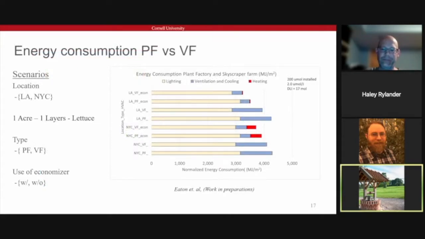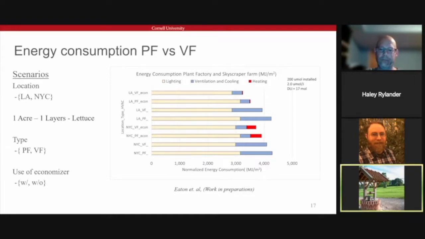So I looked at a plant factory and a vertical farm in LA and New York, each with a 1 acre footprint, growing 1 layer of lettuce with and without the use of an air side economizer. From what we see, the plant factory in both locations, LA and New York, uses the most energy because they're providing 100% of the lighting for the crop growth.